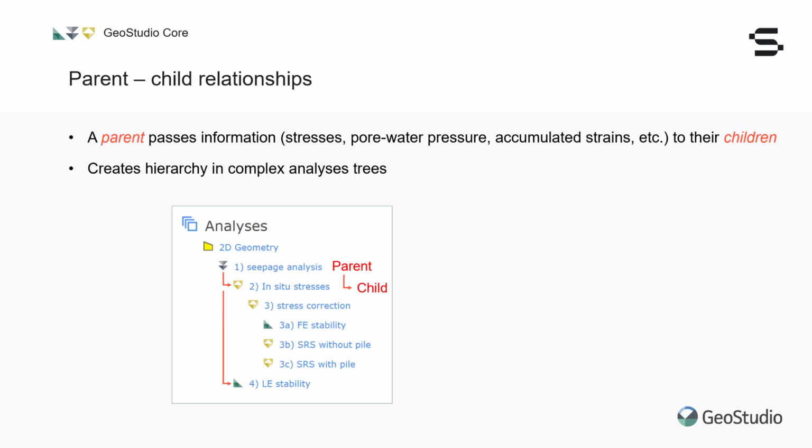Continuing on in the analysis tree, the stress correction analysis sits one hierarchy level below the in-situ analysis. The in-situ analysis is then considered the parent of the stress correction analysis, and it can pass along information to it. Finally, the analyses labeled tree A, B, and C are all siblings whose parent is the stress correction analysis.